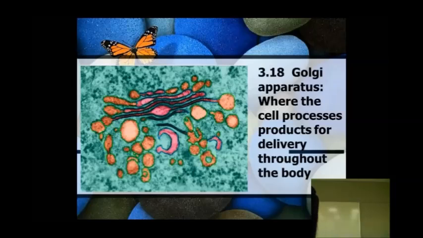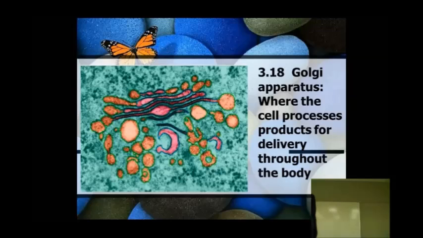Okay. So finally we get to the Golgi apparatus, and I feel like this is one of the most misunderstood besides the endoplasmic reticulum, because when you look at the words, it's not easy to tell exactly what it is that they do.